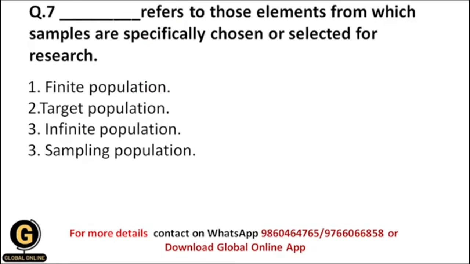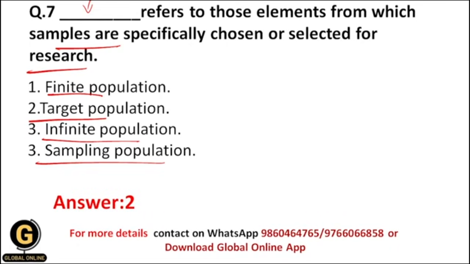Next, dash refers to those elements from which samples are specifically chosen or selected for research. So from which type of population do we choose samples for research? Whether it is finite population, target population, infinite population, or sampling population. Now all of you understood that the correct answer should be 2nd, that is target population.